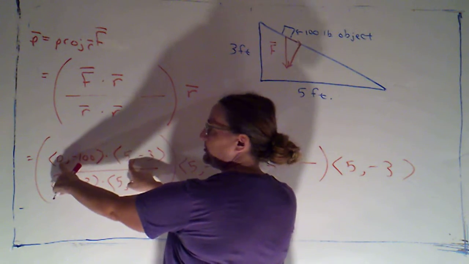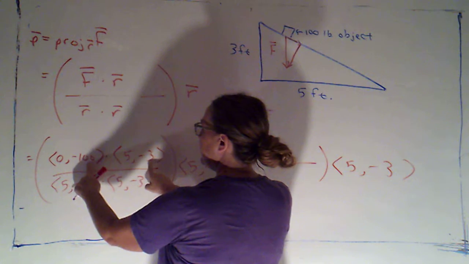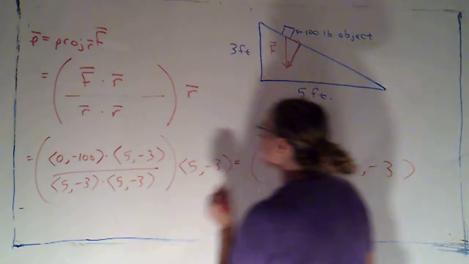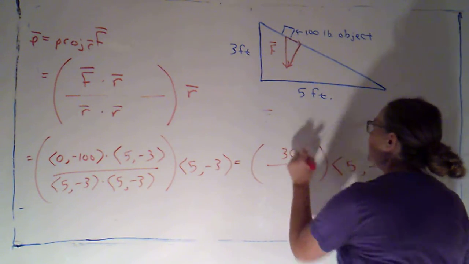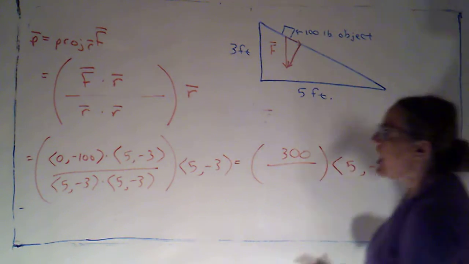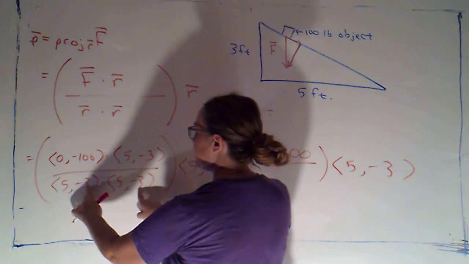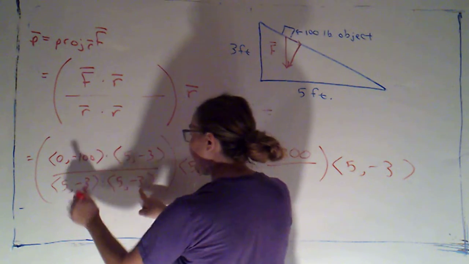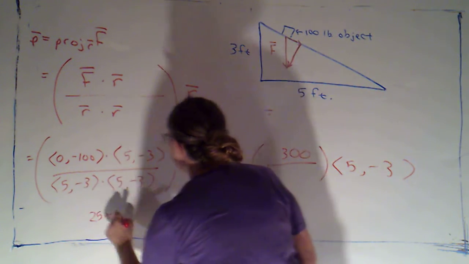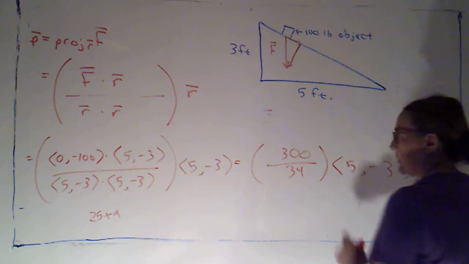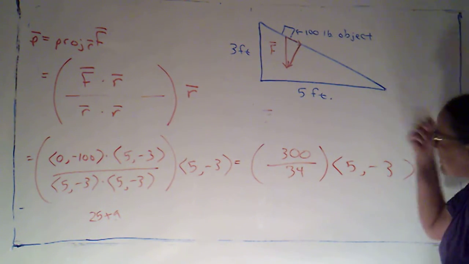Here, my first components are just going to give me 0, and then negative 100 times negative 3 will give me positive 300. On bottom, 5 times 5 is 25, plus negative 3 times negative 3 is 9. So I'm getting 25 plus 9, that's going to be 34. All right, I can reduce that.